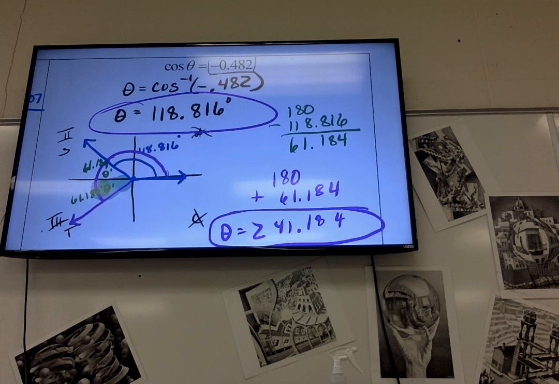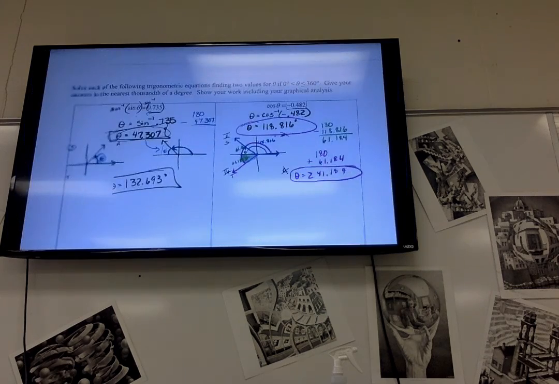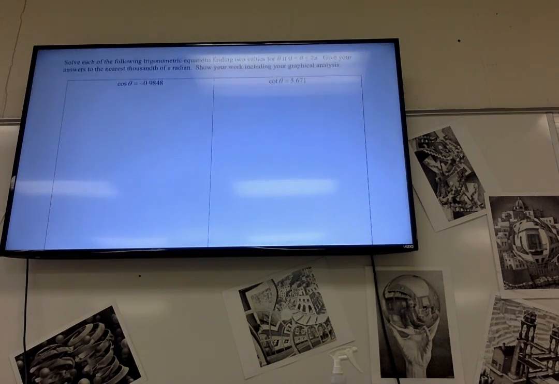I want to skip ahead and do some radians. So turn to the next page. I'll come back if we have time. But it's pretty much the same process over and over again. Solve for each of the trig equations.